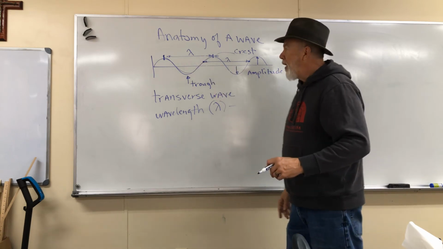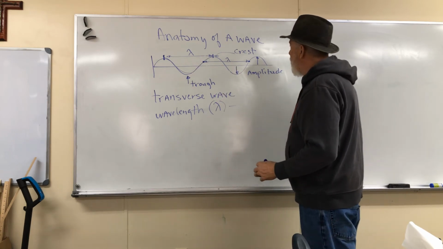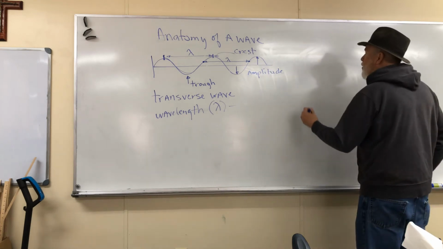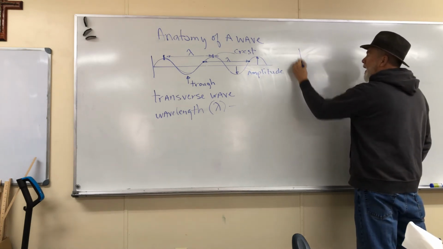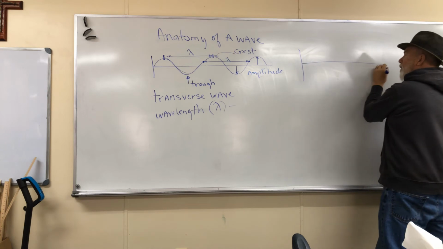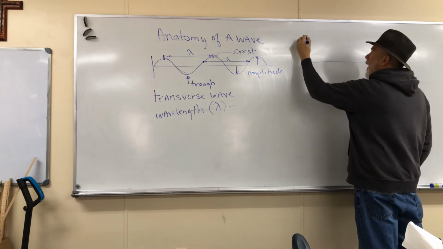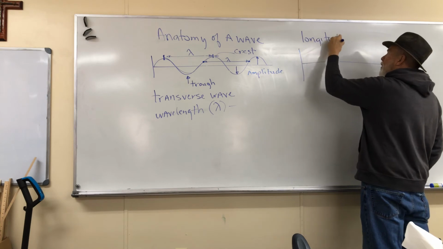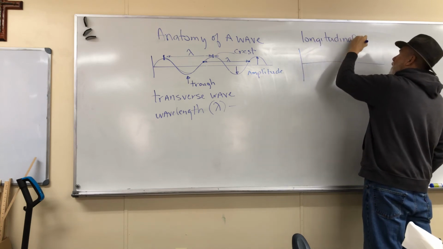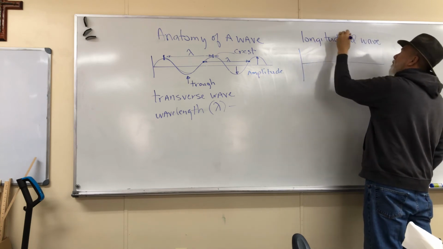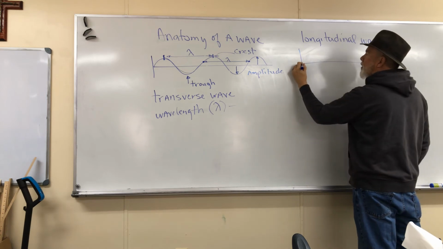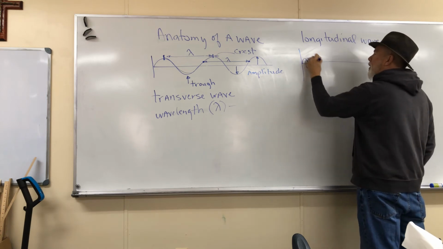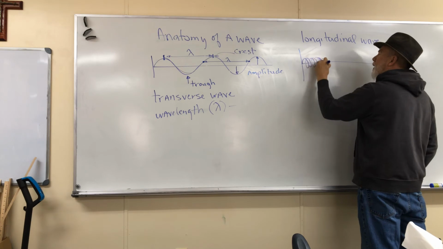Now, in the second form of wave, which I'm going to draw right here, again, I'm going to draw the line like this, and this one is called a longitudinal wave. And it looks an awful lot like a slinky.